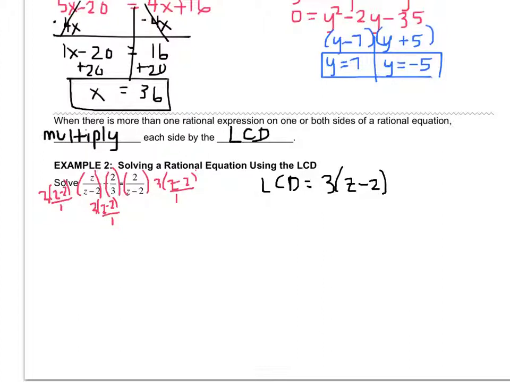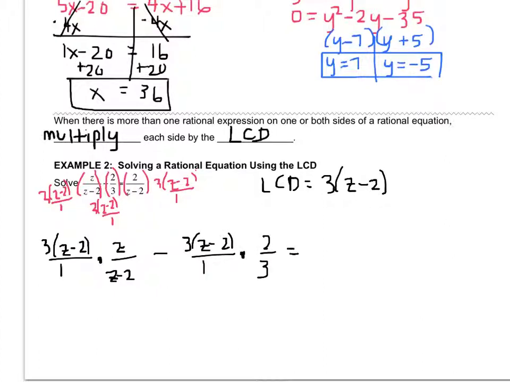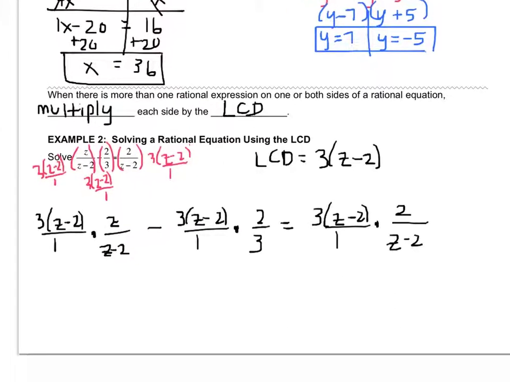So I'll write it out. 3 times z minus 2 over 1 times the first term. Minus 3 times z minus 2 over 1 times the second term. Equals 3 times z minus 2 over 1 times the third term. And now you just keep going.